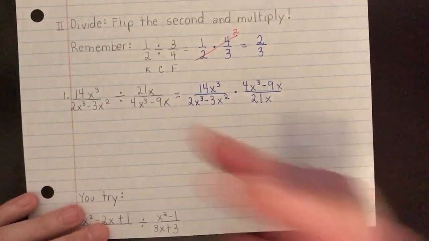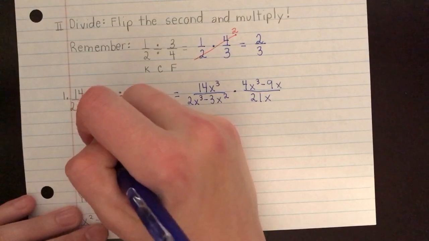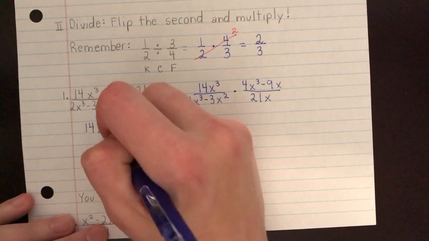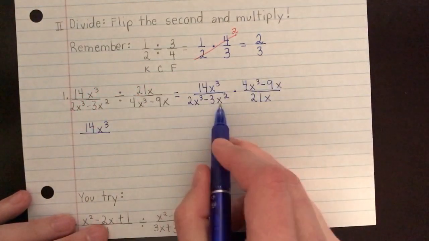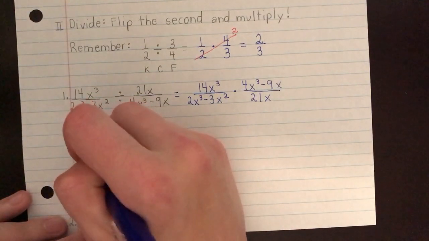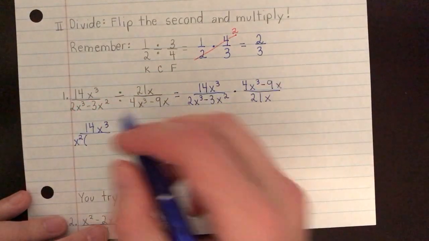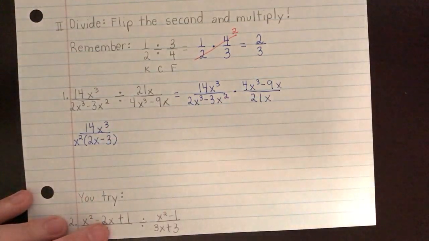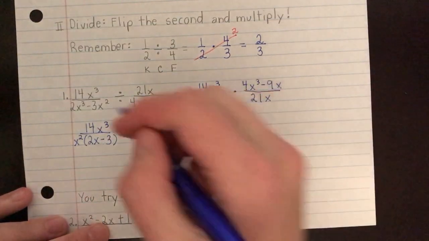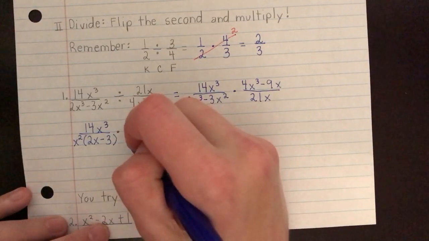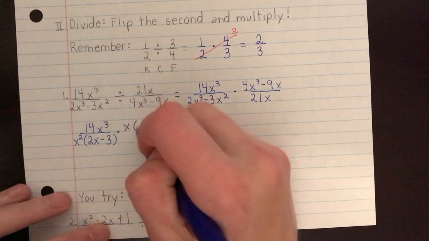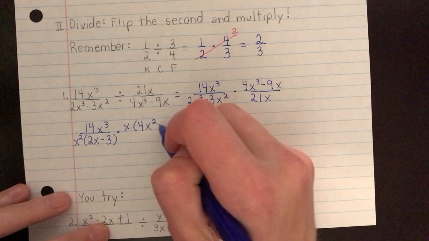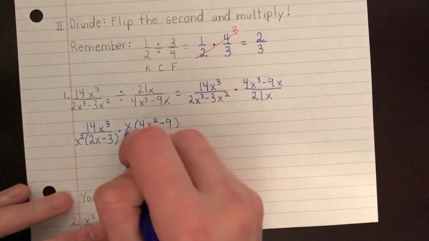So that monomial doesn't get messed with. This has a GCF of x squared, which leaves me with 2x minus 3. And then this has a GCF of x, which leaves me with 4x squared minus 9.